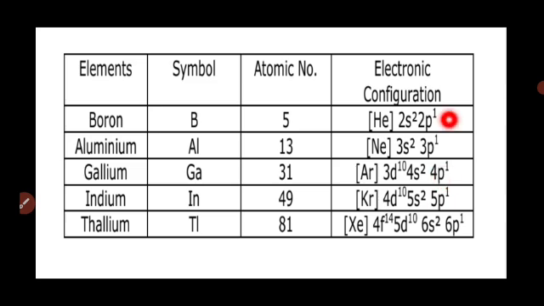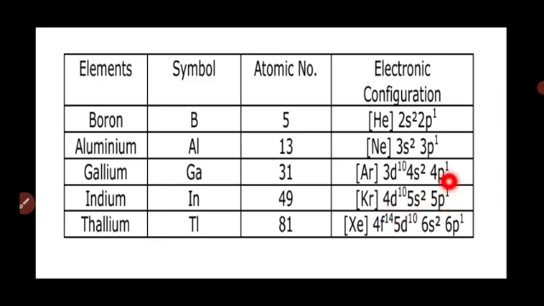So what have you observed in these two? 3d10 and 4d10, right? That is, d orbitals are completely filled. This is called the inner core of electrons. Now in thallium you just observe here d orbitals are also filled, that is 5d10, as well as 4f is also filled, that is 4f14. So the number of electrons increases, that is, the crowd increases.